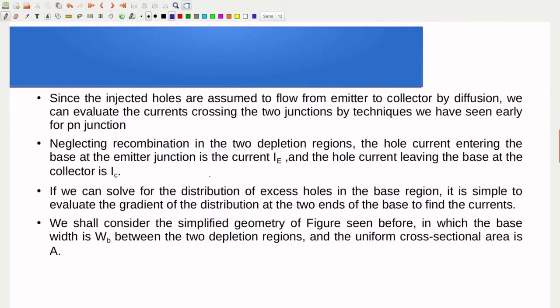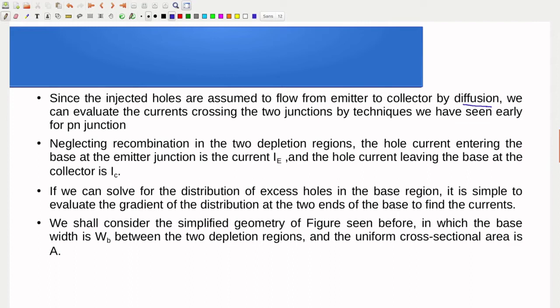Since the injected holes are assumed to flow from emitter to collector by diffusion, we are just revisiting the assumption: diffusion. Drift is considered negligible. Please do keep in mind that the current inside the PN junction is due to diffusion and drift, if you remember.